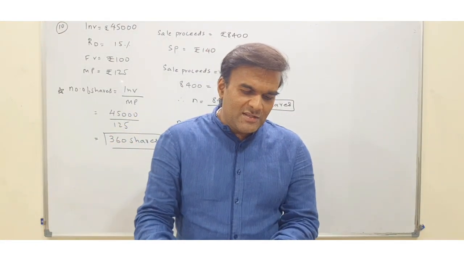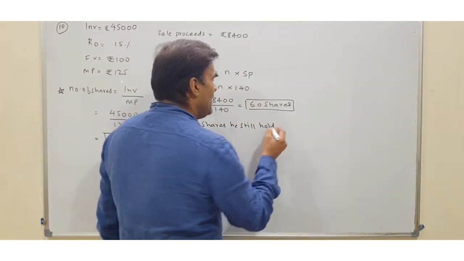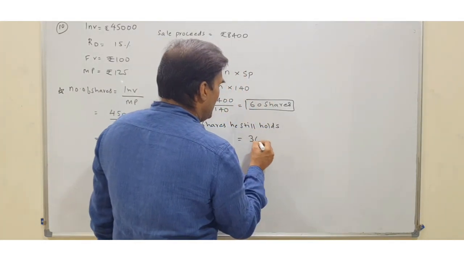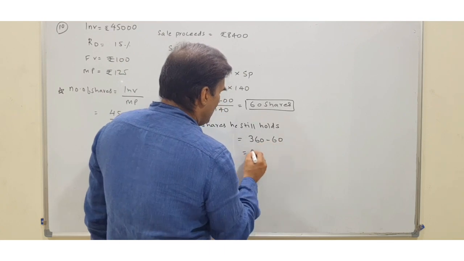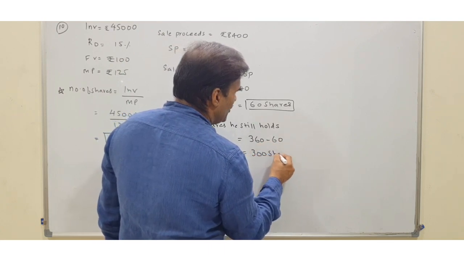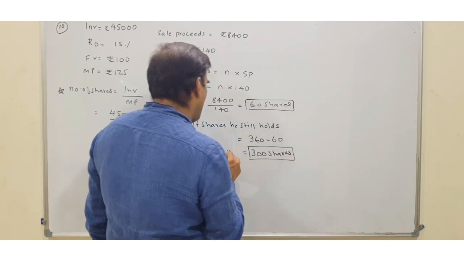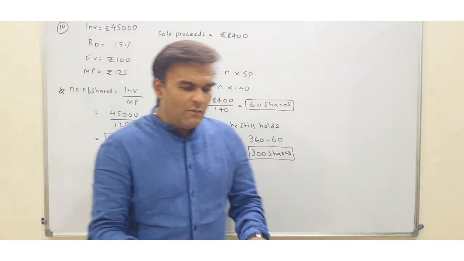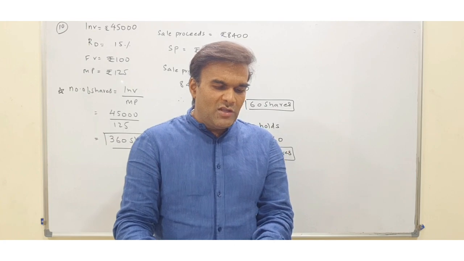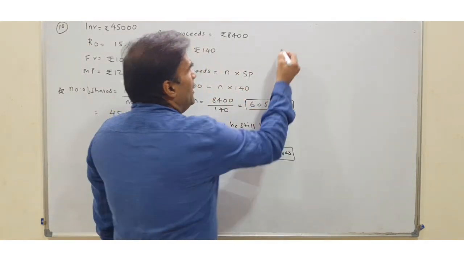The number of shares he still holds would be 360 minus 60. That's 300 shares. This is the first part of our question. What about the second one? The dividend due to him on these remaining shares.